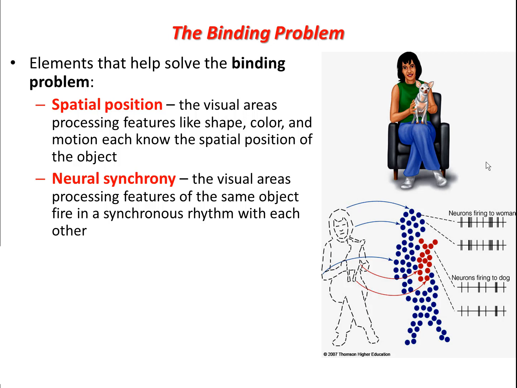So in this example on the right, you could imagine that neurons firing to different parts of the woman's body might have one pattern, and neurons firing to the dog might have a slightly different pattern, and also clearly slightly different spatial locations. So both the pattern of firing and the spatial position can in fact contribute to binding.